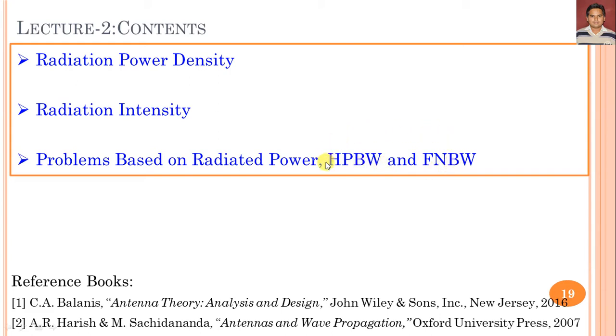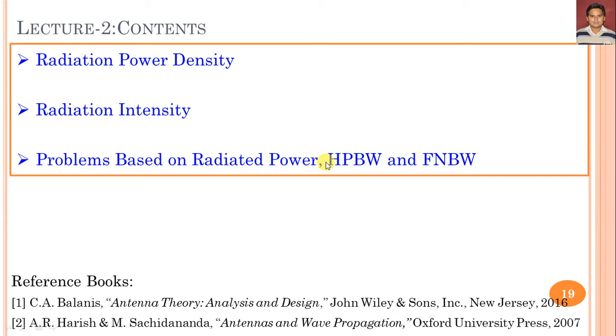As we discussed in lecture 1 about the radiation pattern and associated parameters, we covered the half power beamwidth and first null beamwidth. Further, in this lecture 2 we are going to discuss radiation power density and radiation intensity, through which we can calculate the radiated power.